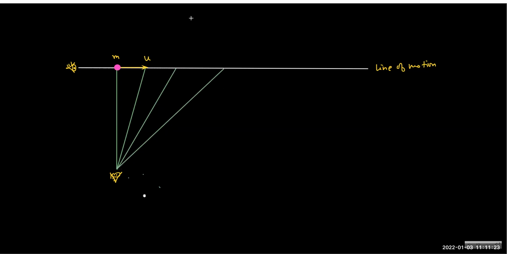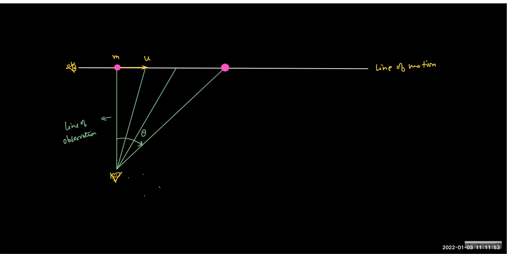So the line of observation, as the particle moves, will start changing its orientation. So there is an angular effect associated with the motion of the particle and the observer, correct?